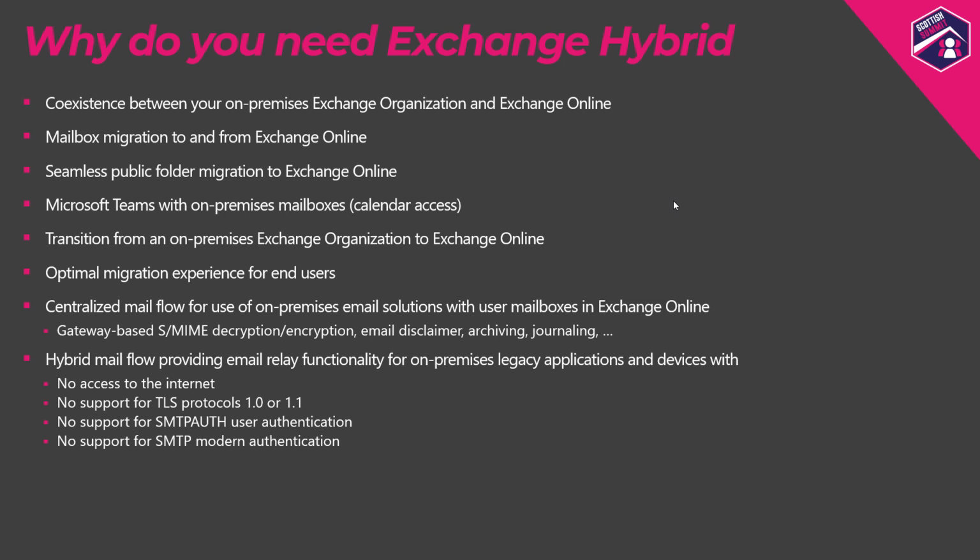And you would like to use centralized mail flow if you need to provide some sort of an on-prem SMTP relay provided by your Exchange servers for systems that do not or cannot access the internet for sending emails. Let's say for internal legacy applications or devices, power devices who do have, or need to send SMTP notification emails, applications and devices that are located in internal networks that for security reasons will never ever have some sort of internet connectivity.